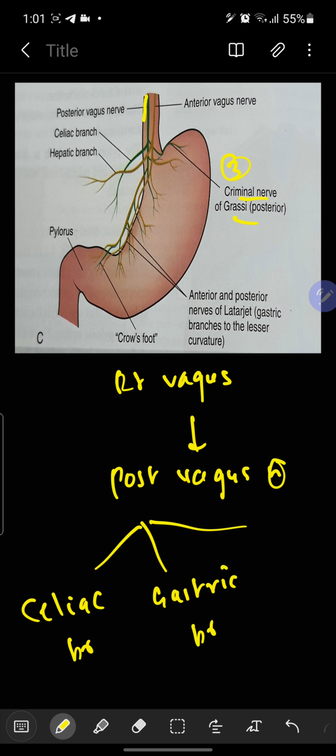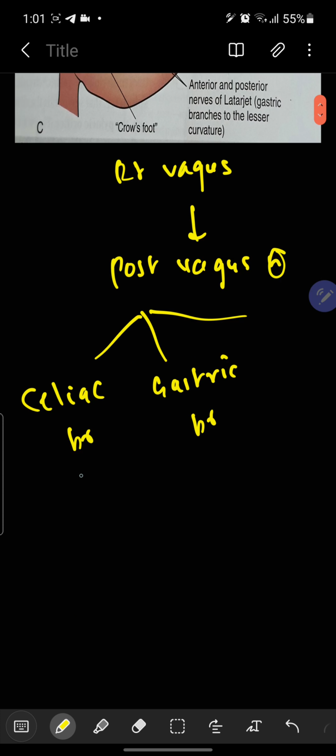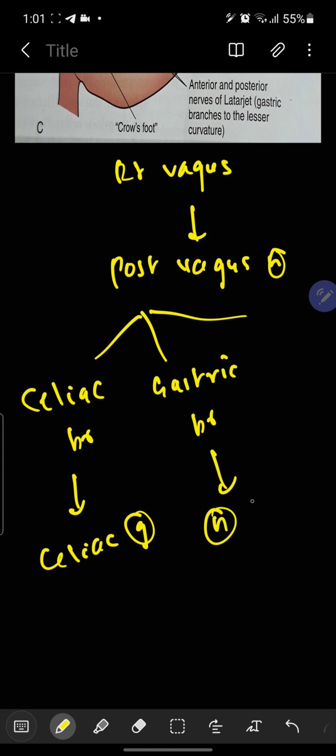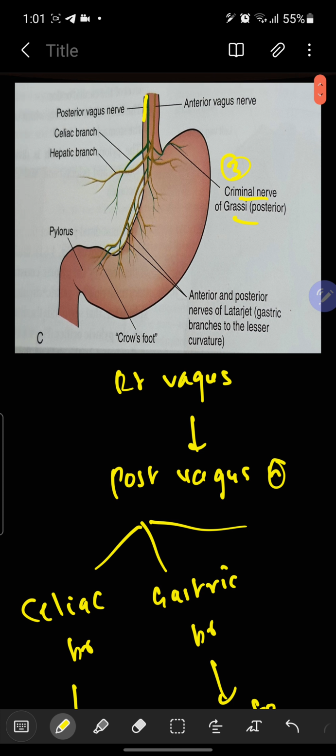This one is the third branch, criminal nerve of Grassi. This celiac branch will supply the celiac ganglion. The gastric branch will give a nerve of Latarjet. Here, this is a nerve of Latarjet.